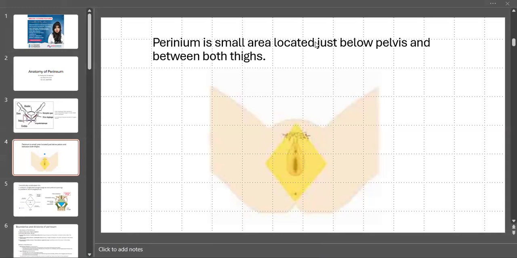Here I want you to remember this: if you understand this today, you will never forget this concept, and this is all you need for understanding the perineum. Firstly, we have decided that it is very small, but it is a complicated compartment of the body.